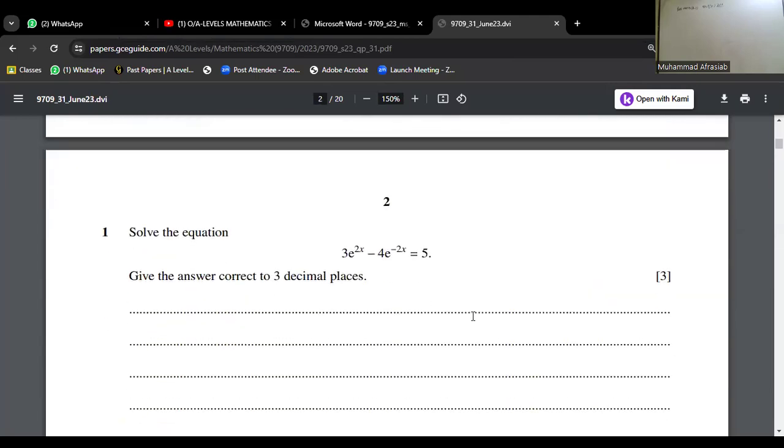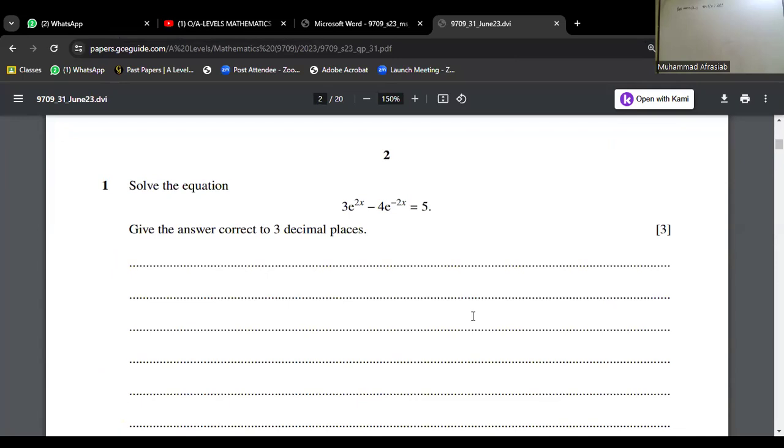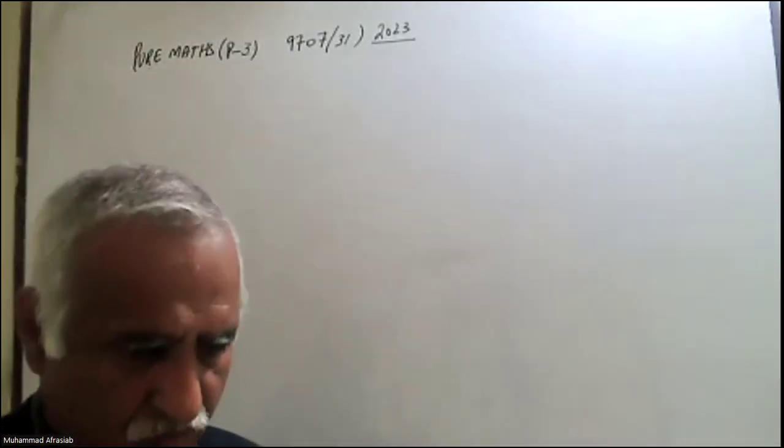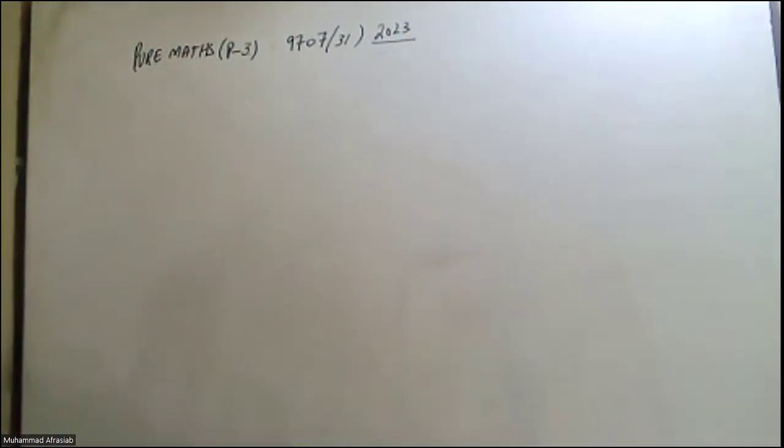Question number 1. Solve the equation 3e^(2x) minus 4e^(-2x) is equal to 5. Give the answer correct to three decimal places. So, question number 1 now.